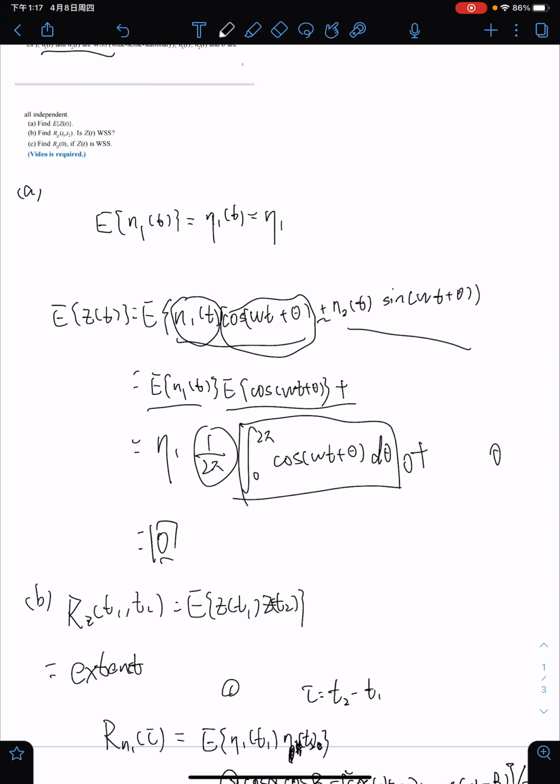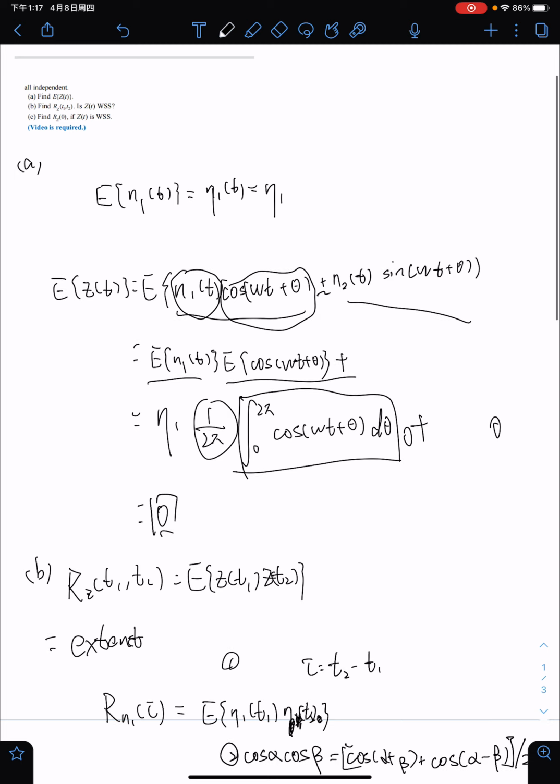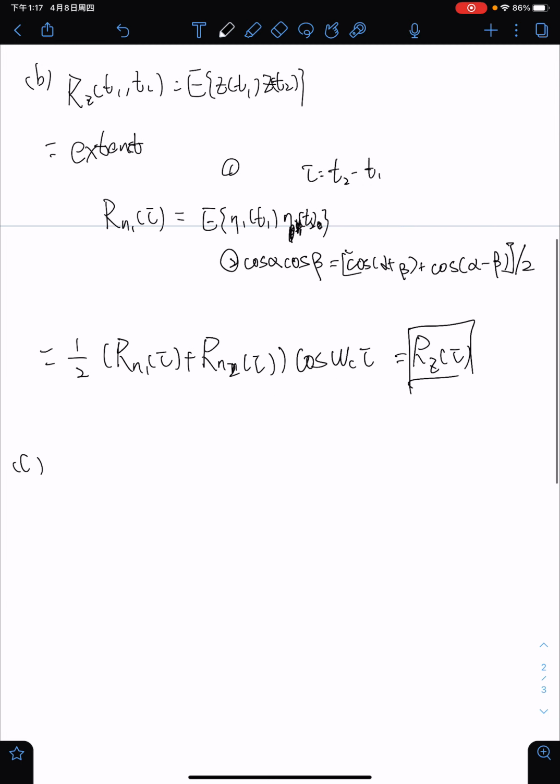Okay. The third question: find r sub z 0. We can just bring tau into this formula.